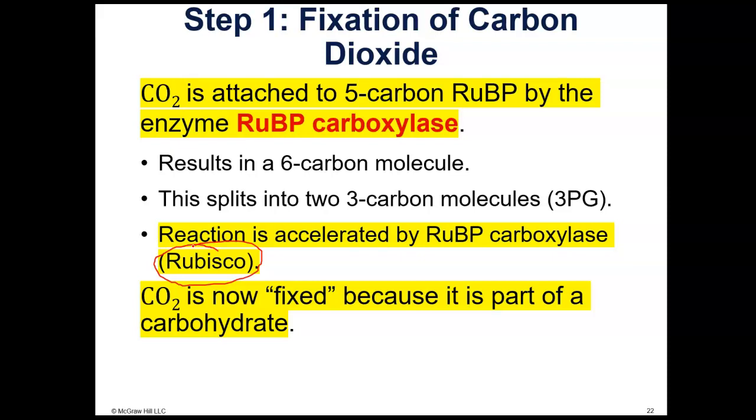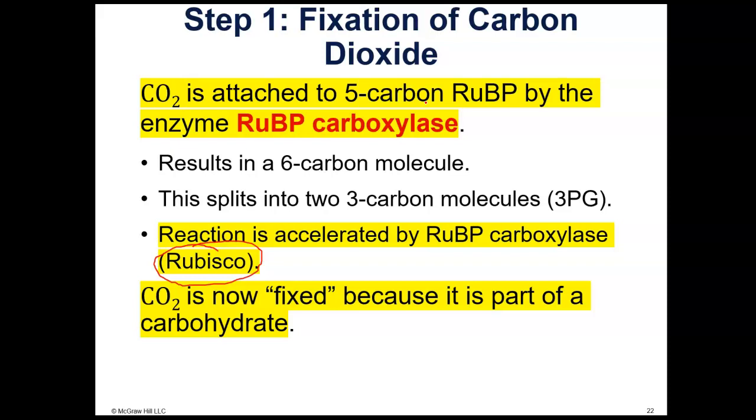It is by far way above and beyond more abundant than any other enzyme that exists. And so that just lets you know how important photosynthesis is. So this enzyme RuBP carboxylase catalyzes the reaction where carbon dioxide is attached or fixed to RuBP.